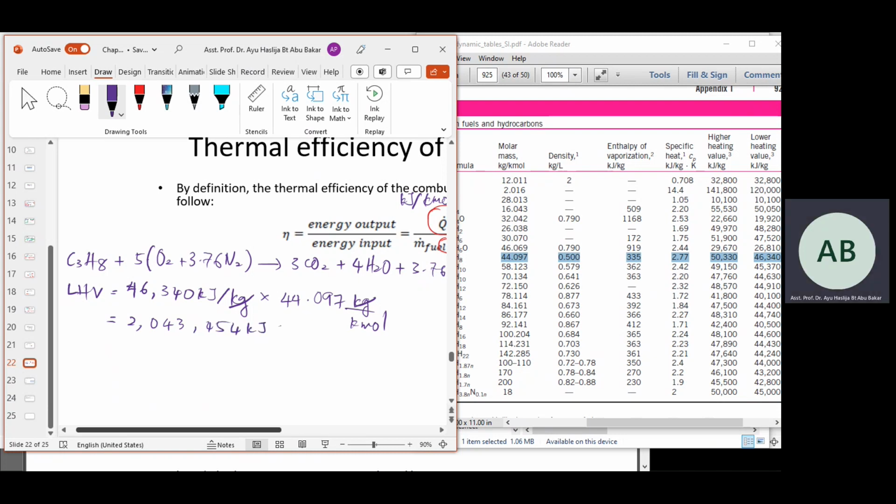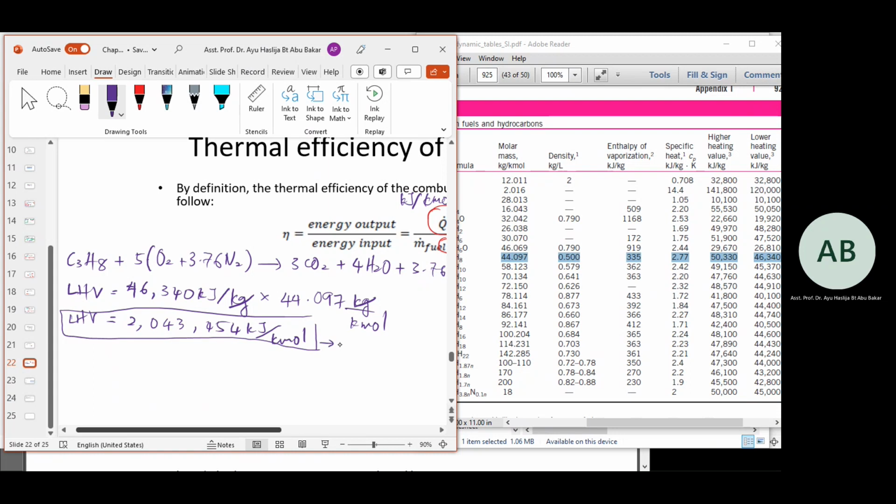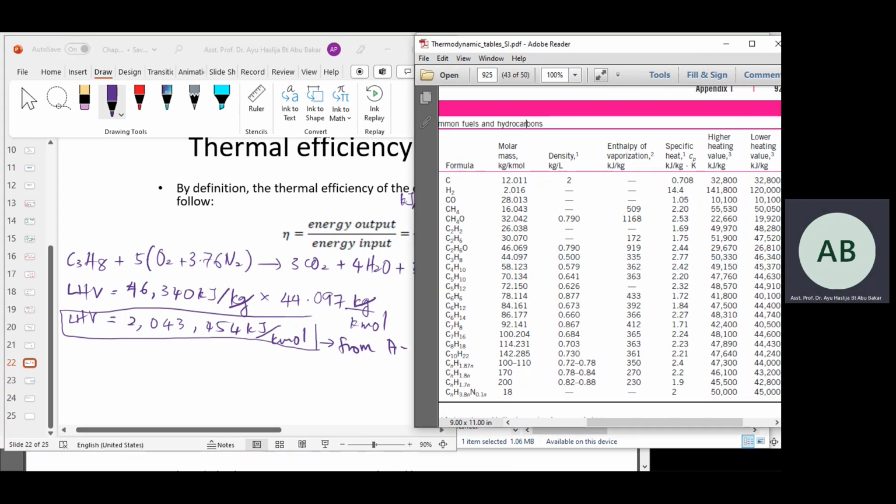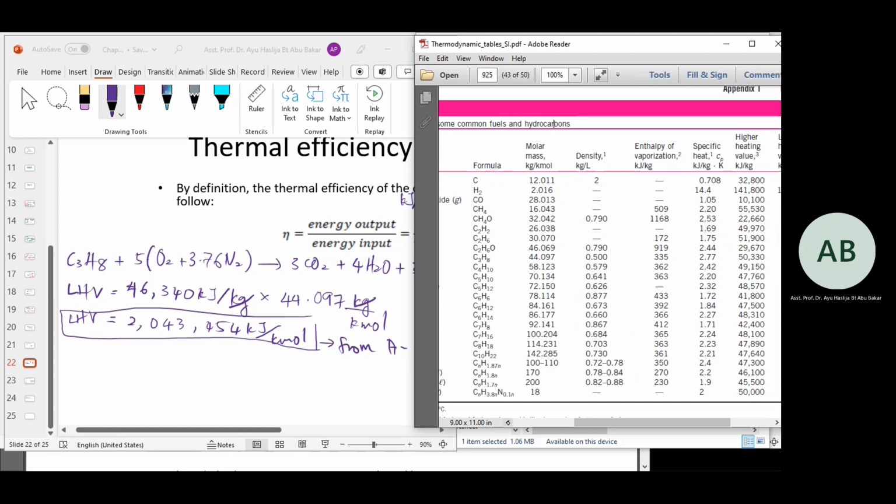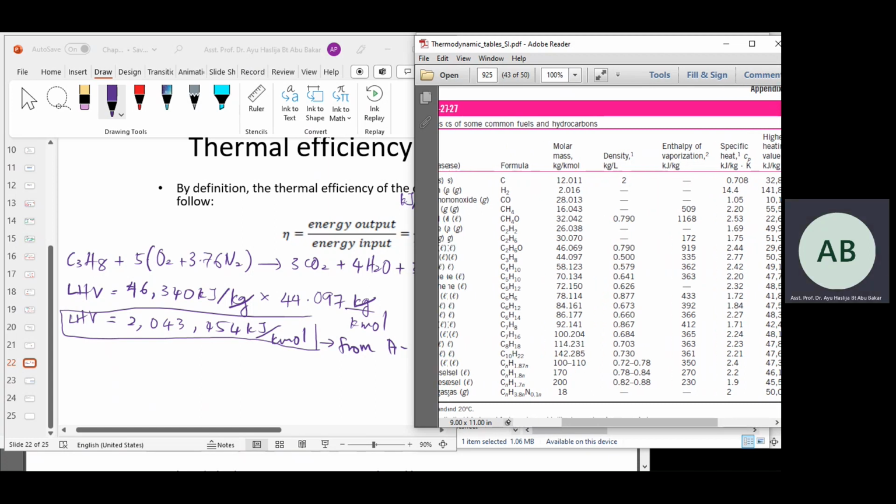Okay, this one is from the table. Which table is this? A27.